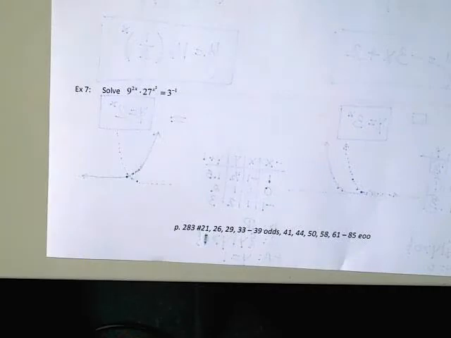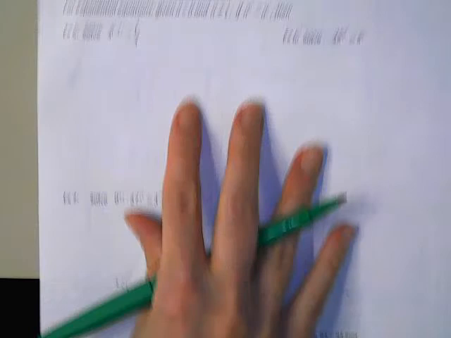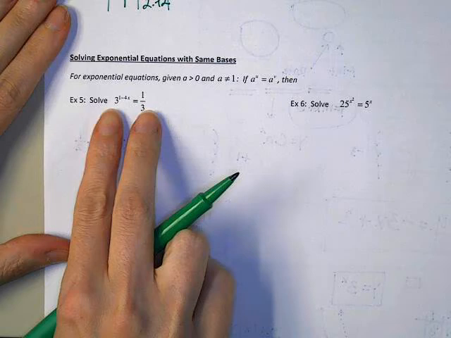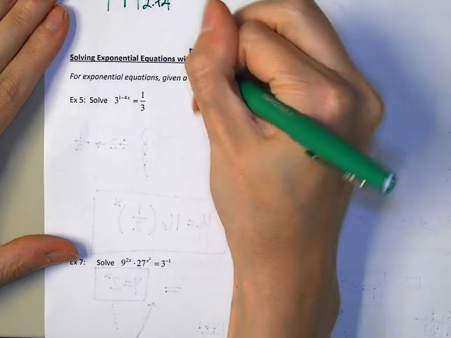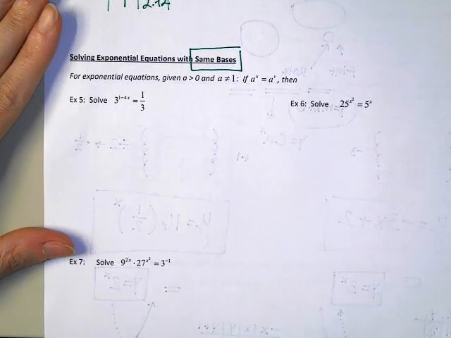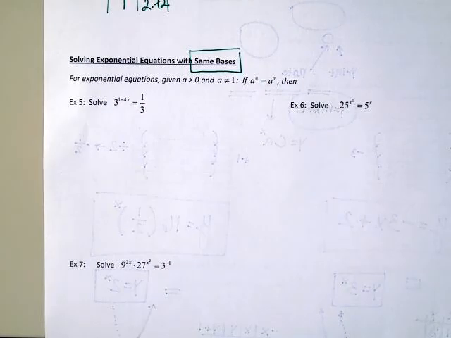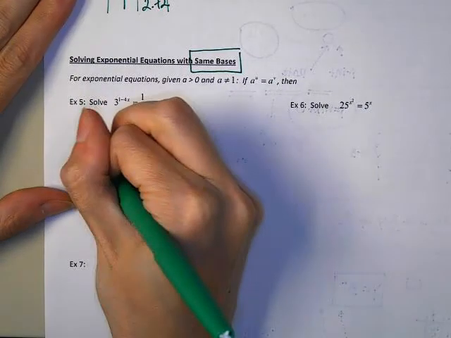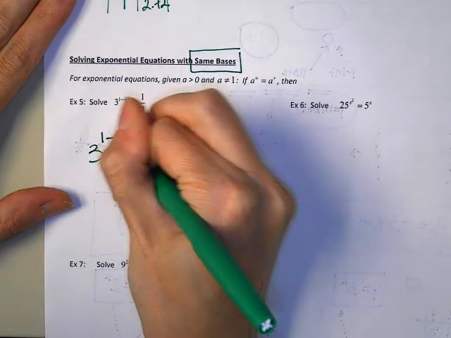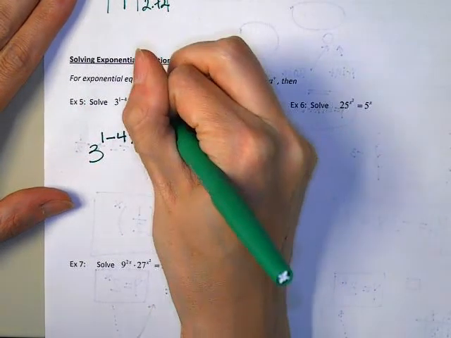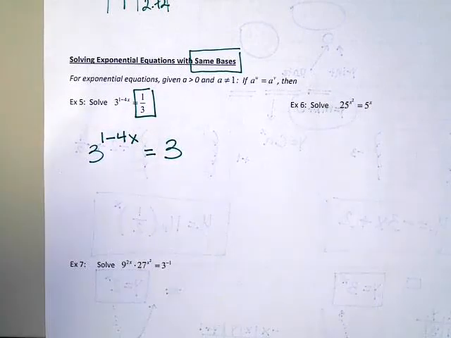Okay, on to solving exponentials, the last thing. If you guys have an exponential equation and you can get them in terms of the same base, then they're really easy to solve. Okay, so check this out. This side is 3 to the 1 minus 4x. If we could write 1/3 as a power of 3, what would it be? It would be 3 to the negative 1, right?